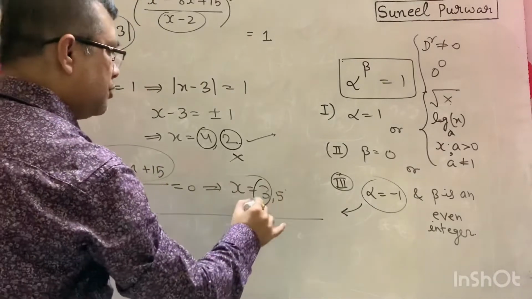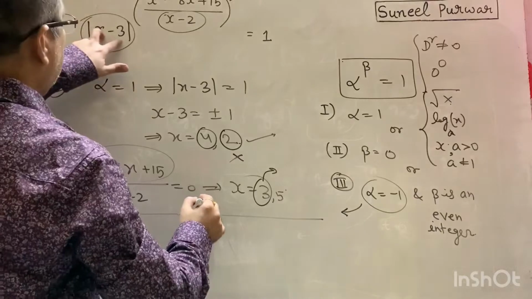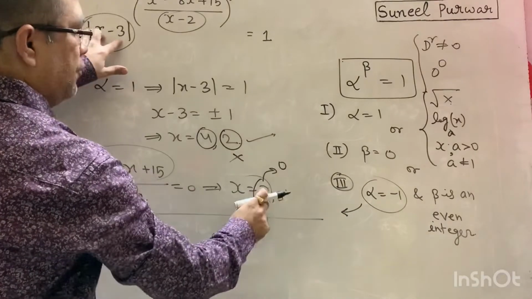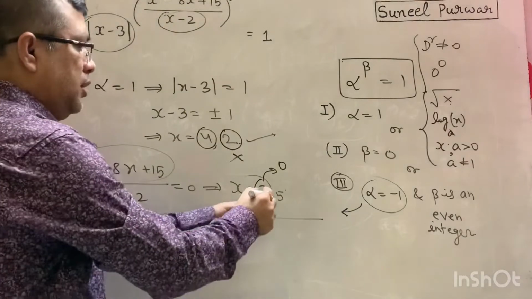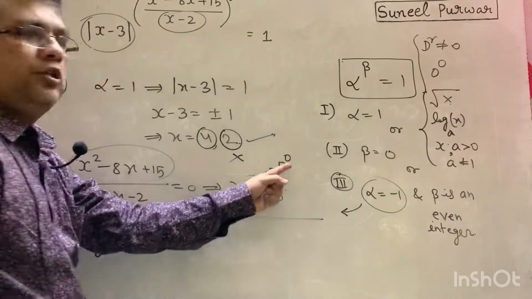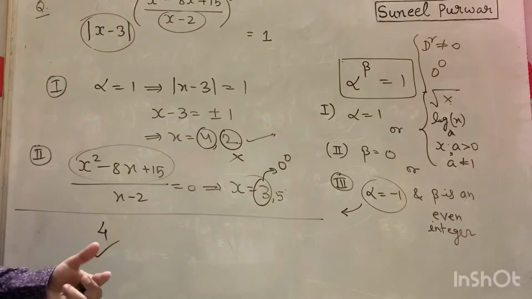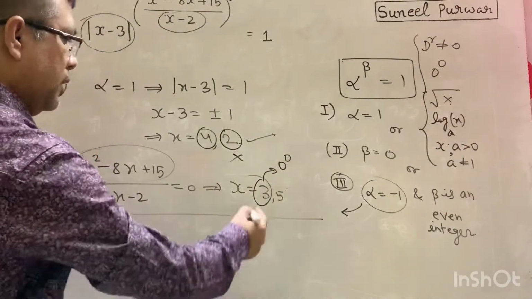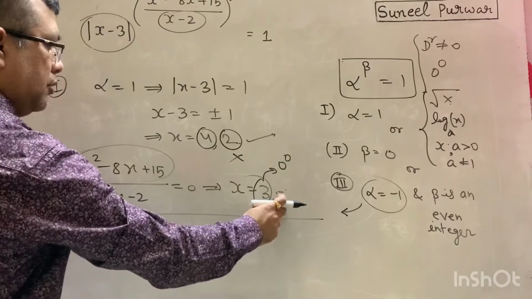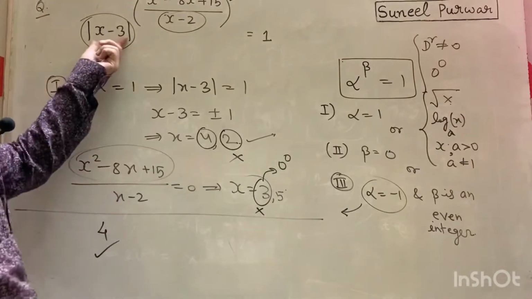For x is equal to 3, this base value becomes 0, and this exponent value is also 0. So x is equal to 3 is giving you 0 to the power 0 form, and any number which brings 0 power 0 form can never be the solution. So 3 is also rejected. Now x is equal to 5. With 5 there are no issues.